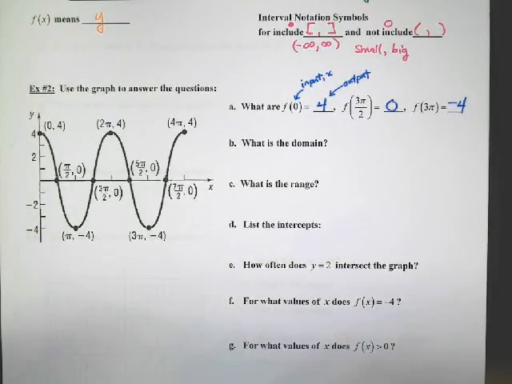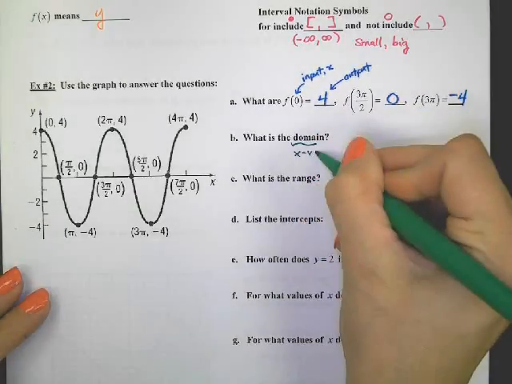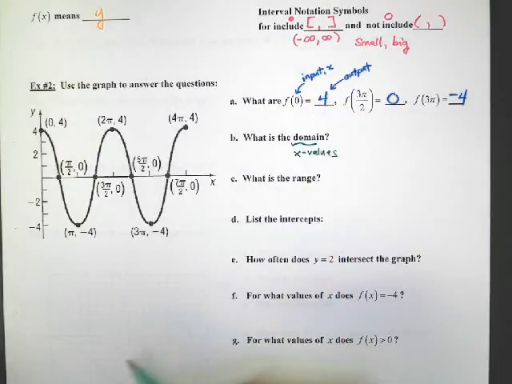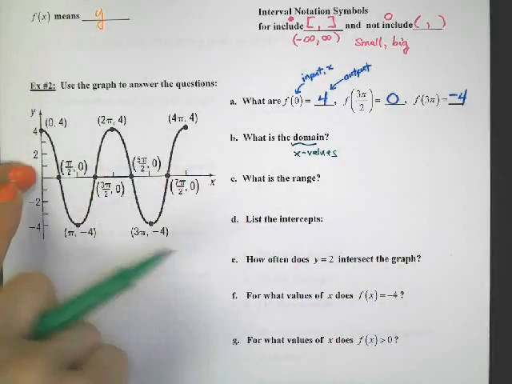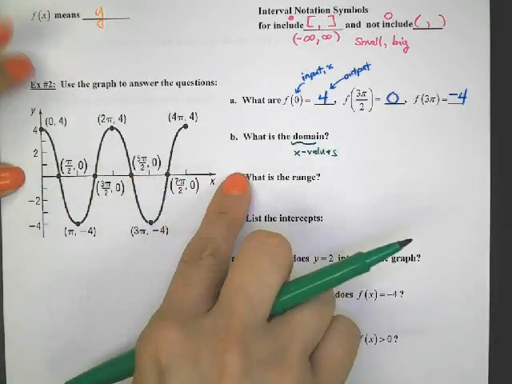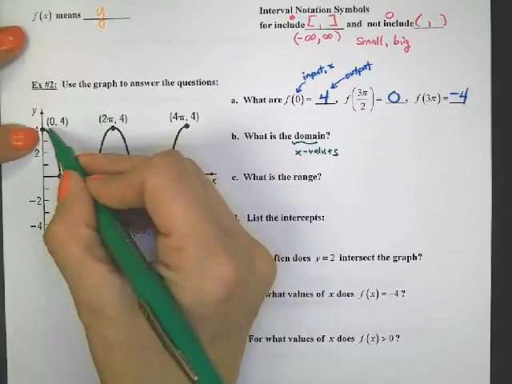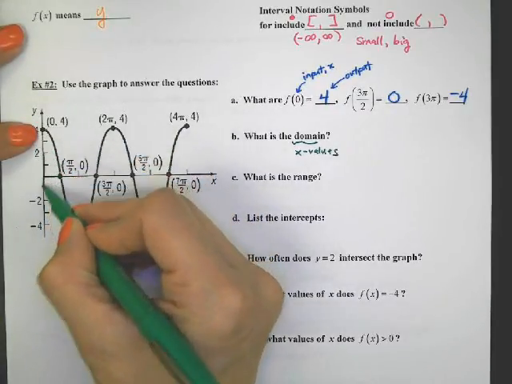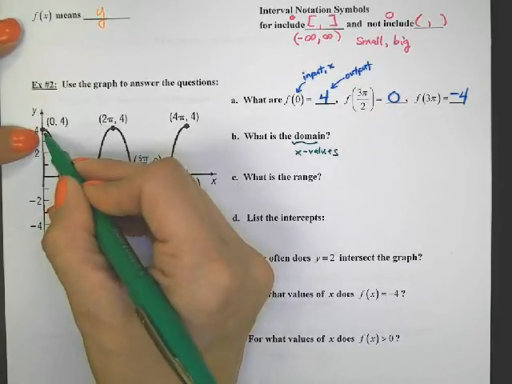Okay, what is the domain? Remember, domain is the set of x values. So we are going to start on the x-axis, back it up all the way to the left. You're going to look left to right. What's the smallest x number being used? The smallest x number is 0. Does it touch 0? Is that an open or a closed bubble?